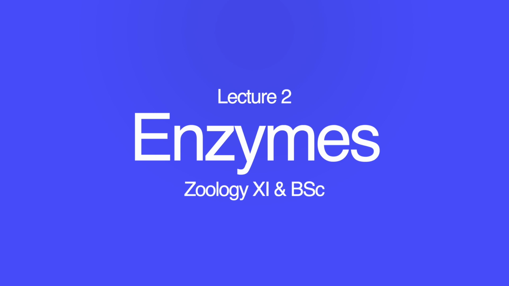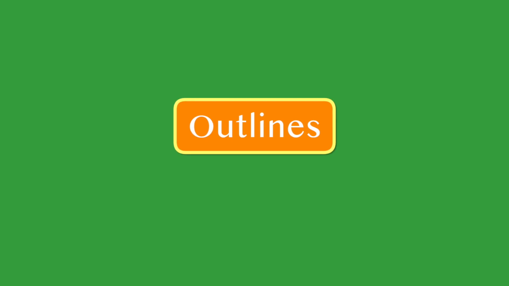Enzymes speed up biochemical reactions. For example, one molecule of the enzyme catalase decomposes about 6 lakh molecules per second of hydrogen peroxide to form hydrogen and oxygen at body temperature. It is very interesting that enzymes are produced in very small quantities but bring about greater changes.